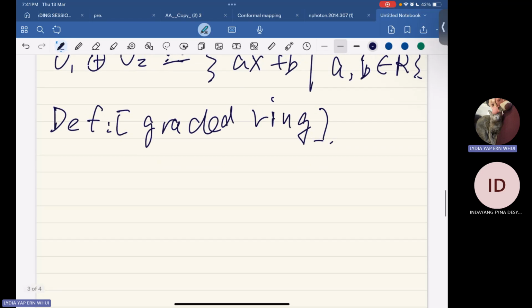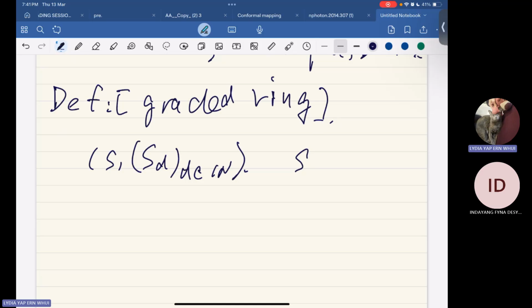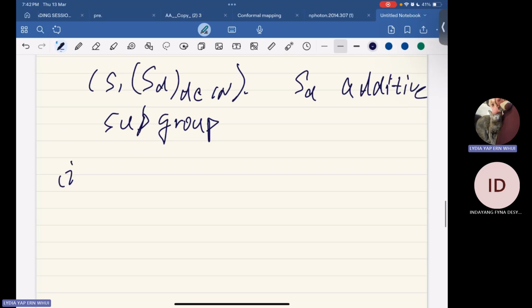A graded ring is a pair S and S_d, where d belongs to the natural numbers, such that each S_d is an additive subgroup. Such that the first thing is that S is equal to the direct sum of these S_d.